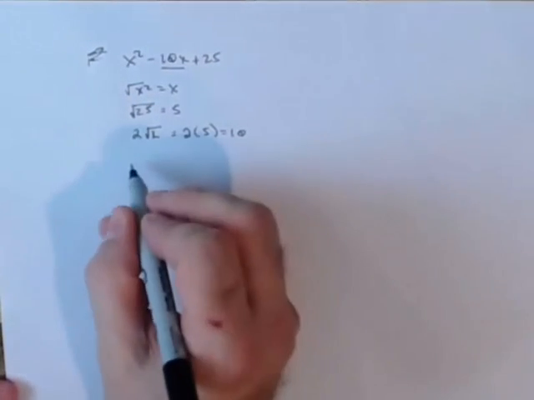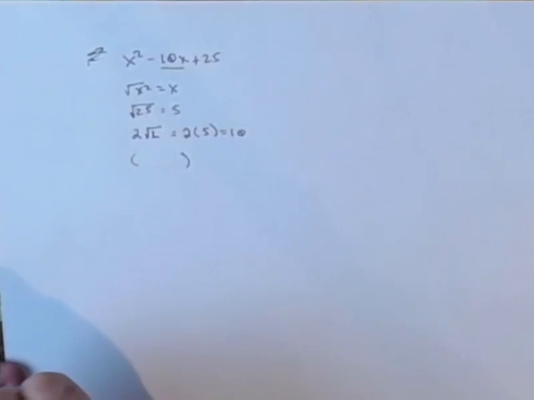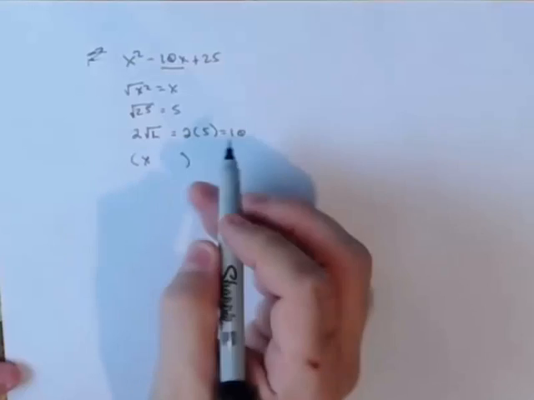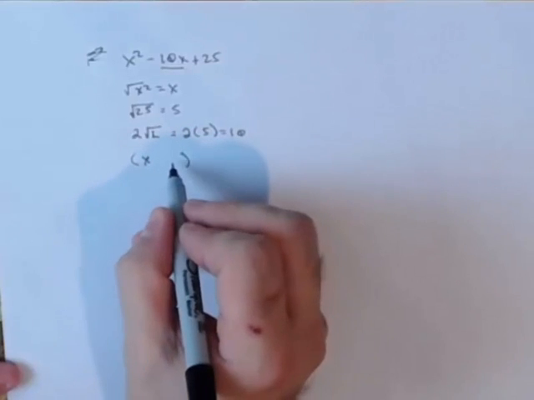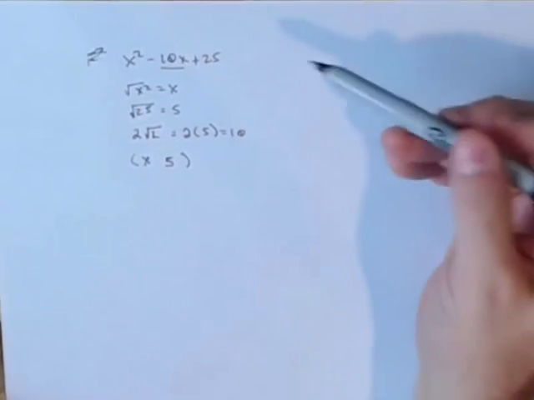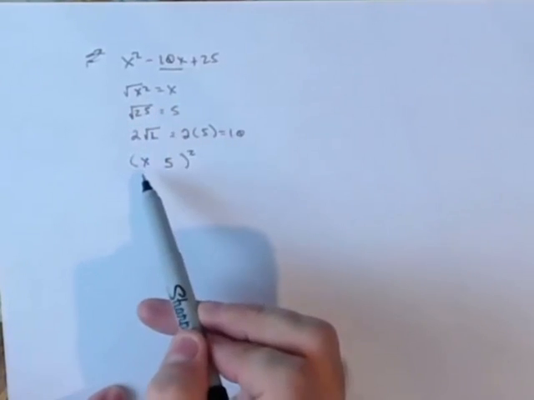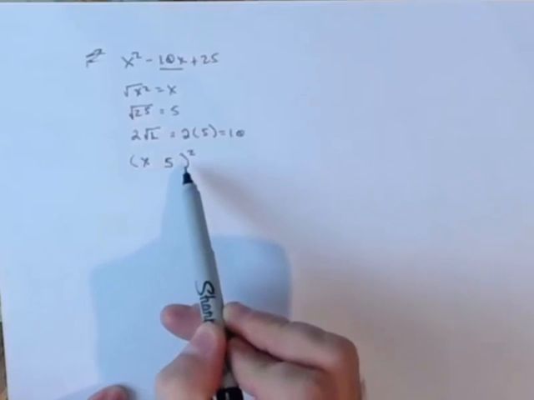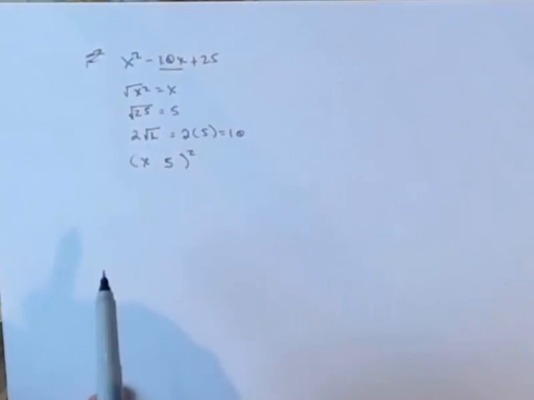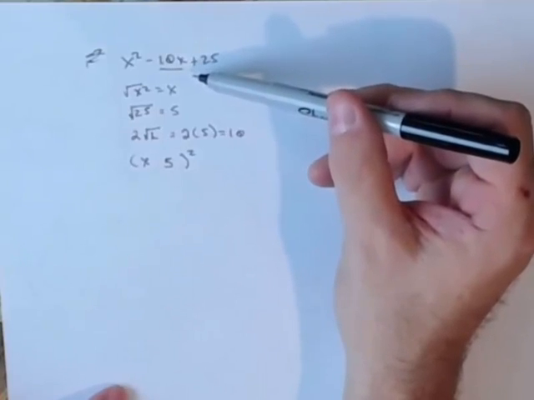So let's do that. We're going to have the first term, in this case x, and the last term, 5. Now we need to figure out what the sign needs to be so that when we square this, the result would be a negative middle term and a positive term at the end. To get a positive at the end, the last terms would have to be either both positive or both negative.